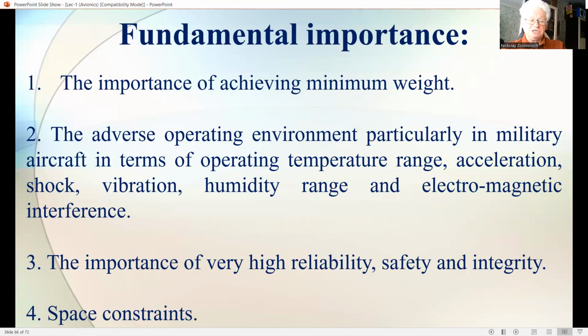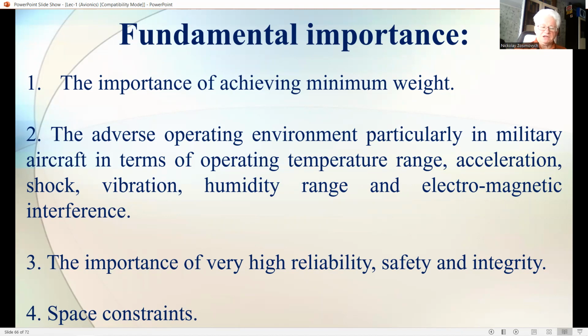The importance of achieving minimum weight; the adverse operating environment, particularly in military aircraft, in terms of operating temperature range, acceleration, shock, vibration, humidity range, and electromagnetic interference; the importance of very high reliability, safety, and integrity; and space constraints, particularly in military aircraft, requiring an emphasis on miniaturization and high packing density.